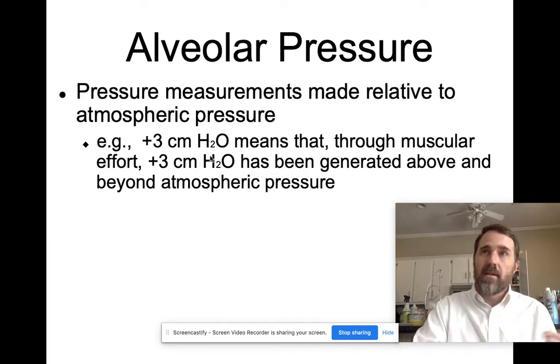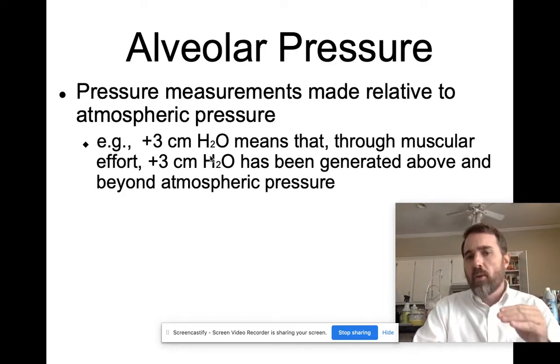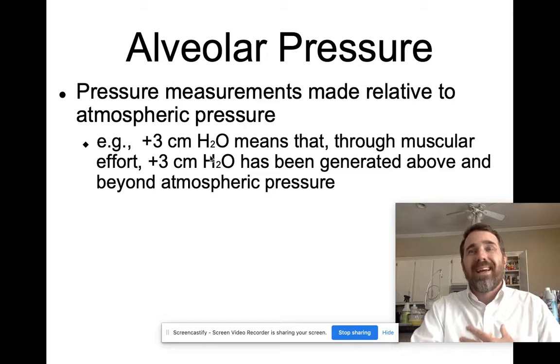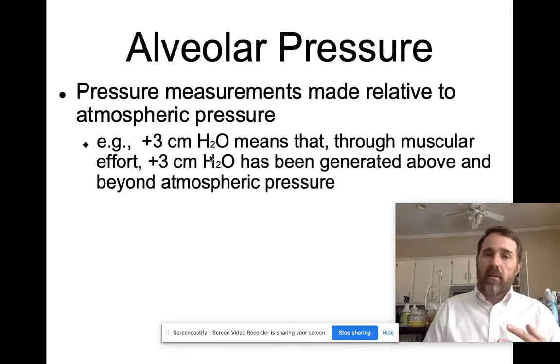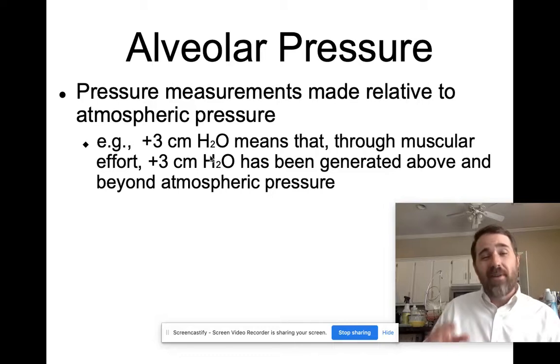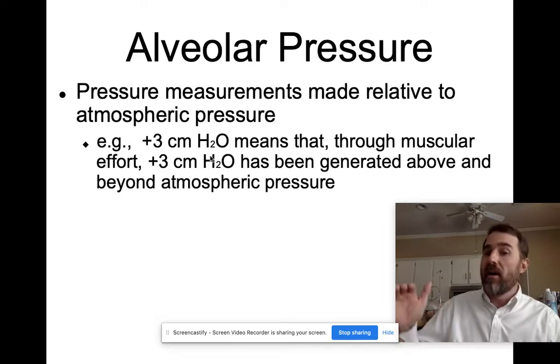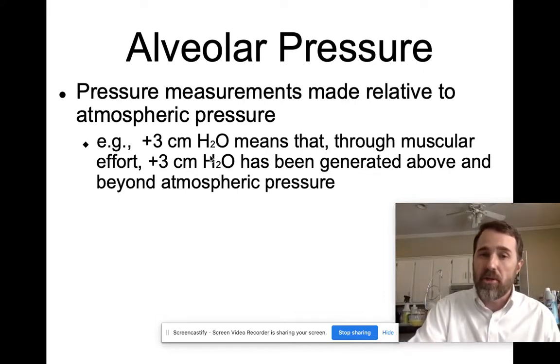And this means for inspiration, -2 or 3 centimeters of H2O below atmospheric pressure. And then that shifts going into expiration. Alveolar pressure becomes more positive, about +2, +3 centimeters H2O of pressure above atmospheric pressure to push that air out.